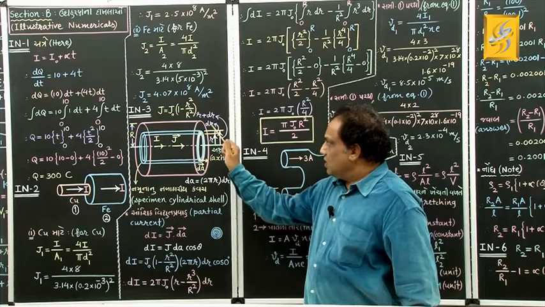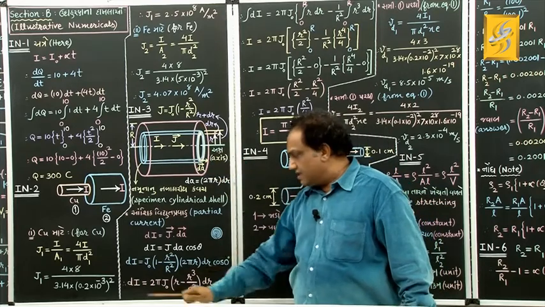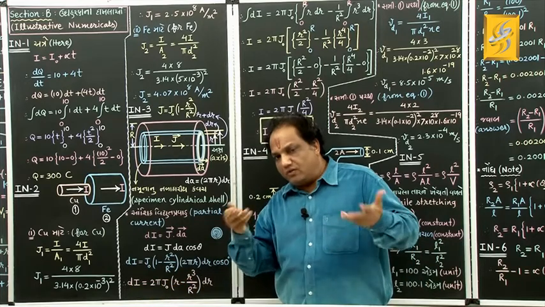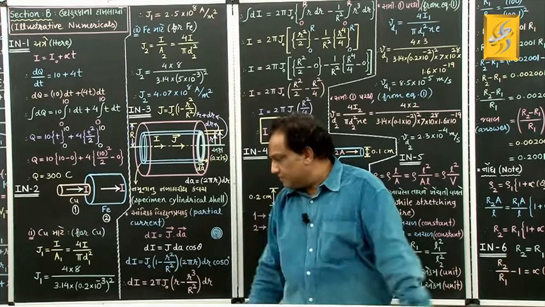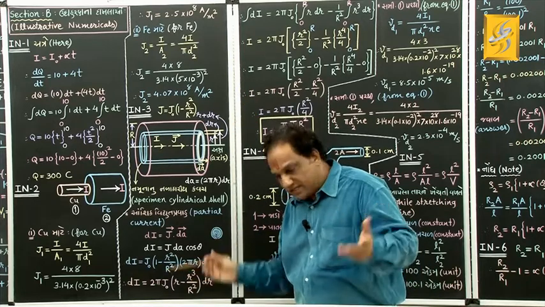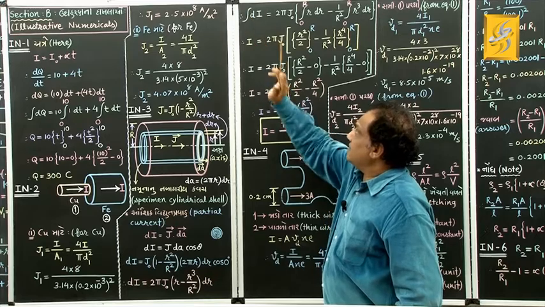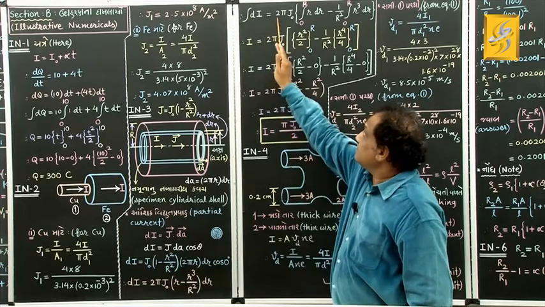I want the total current passing through this entire cross section, for which I must take the summation of partial values of electric currents. To find the summation mathematically, we go for taking integration. So take integration on both sides: integration dI. Now this 2 pi J0 is constant, taken out.